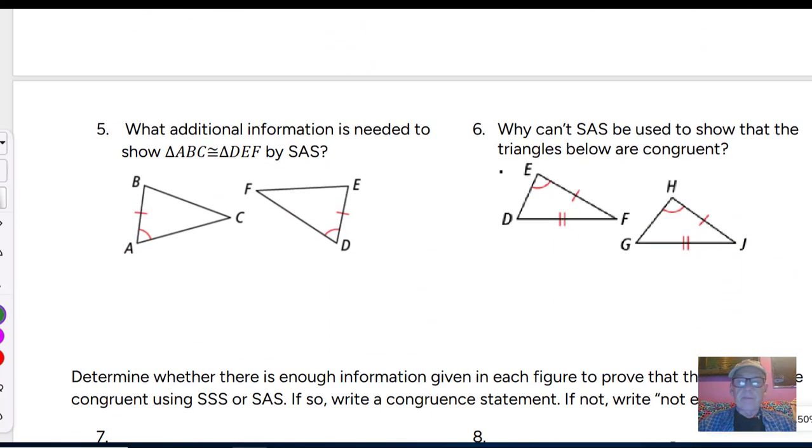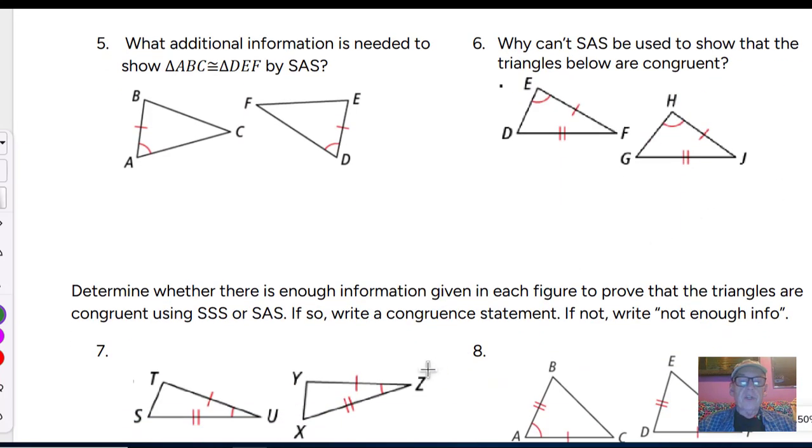Okay, number 5. What additional information is needed to show triangle ABC is congruent to DEF by side angle side? So here we have a side, here we have an angle, we need this other side.